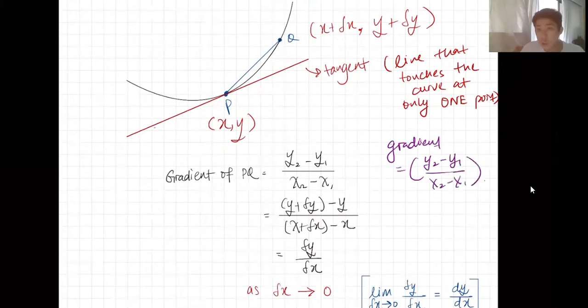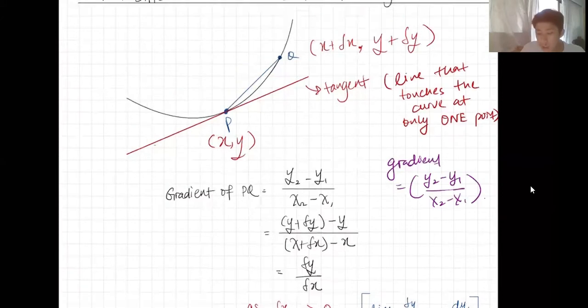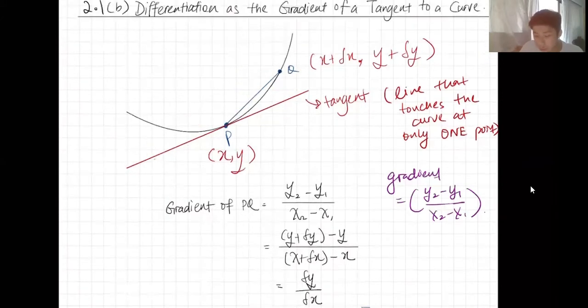But the problem now is, this tangent has only 1 point. We don't look at PQ now, we look at the tangent, the red color line. You only have 1 coordinate. How are you going to solve this equation?